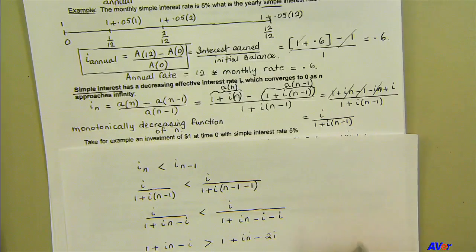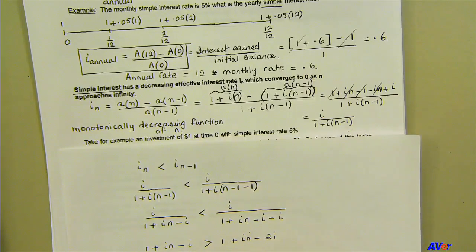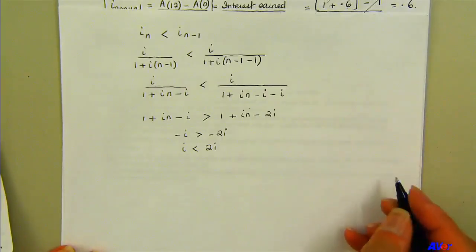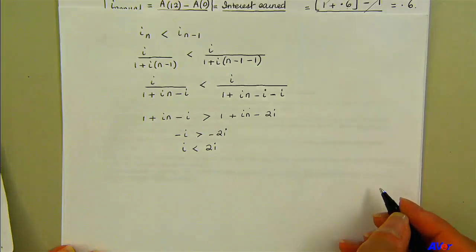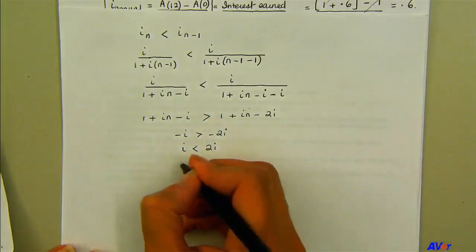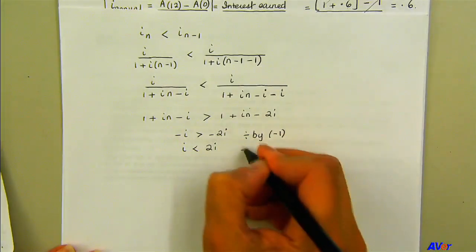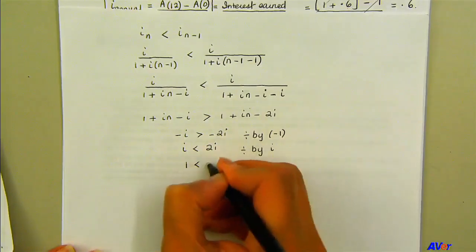Because if the denominator is bigger, then the fraction is smaller, right? So everything is the same on both sides, except here I have minus I is greater than minus 2I. Divide by minus 1, I is less than 2I. I is always less than 2I, right? I'm just playing around here. Divide by I. 1 is less than 2, always.